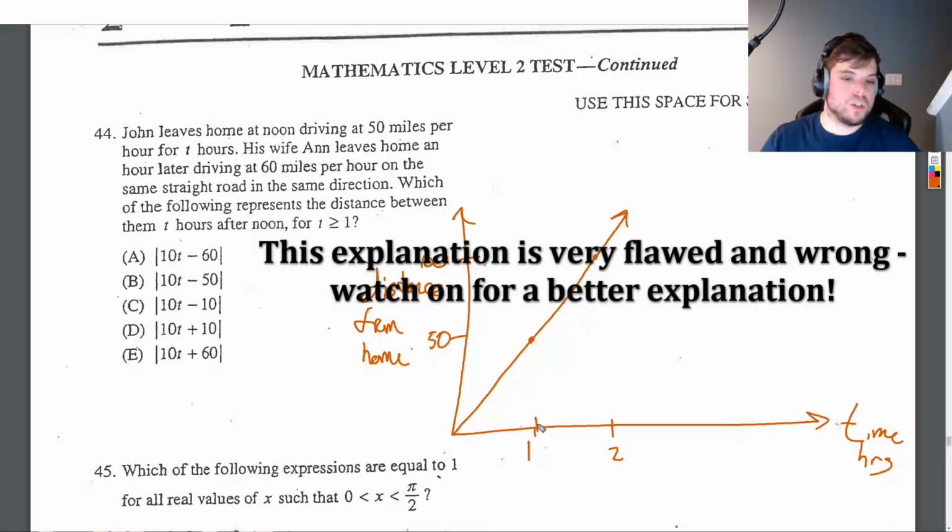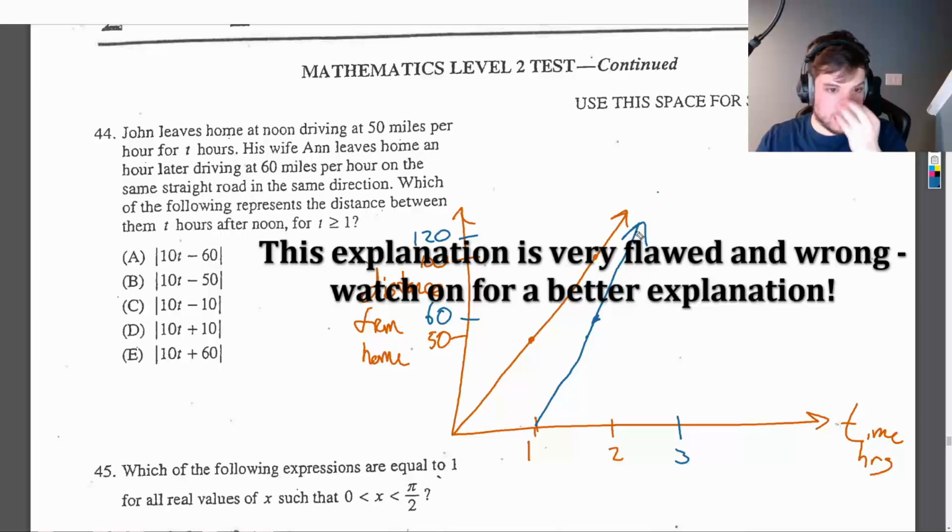An hour later, she starts driving, and her function is going to be 60 miles per hour, so it's a little bit steeper. After 1 hour, she's going to have driven 60, and after 2 hours, she's going to have driven 120. The drawing isn't perfect, but that's roughly where it would come up. Essentially what we're looking for here is the difference between these two functions.